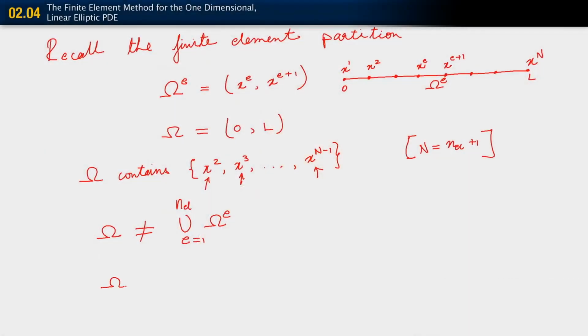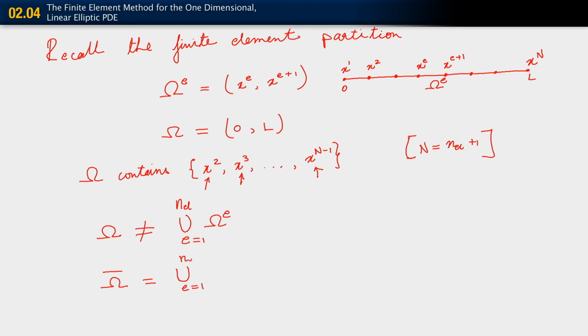So the way we can do this is to say, if we apply closure to omega, what we make sure is that it does indeed pick up the nodes x1 and xn. And in order to make sure that it is equal to some other closure, we go back to our union of the element subdomains.